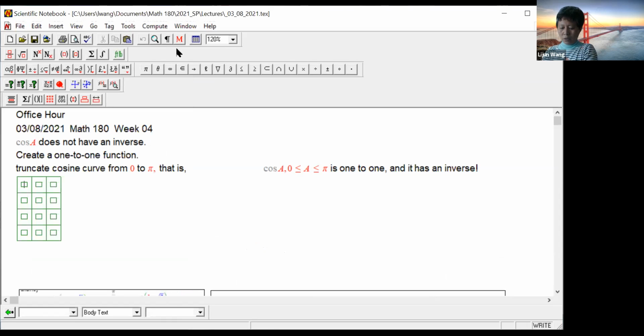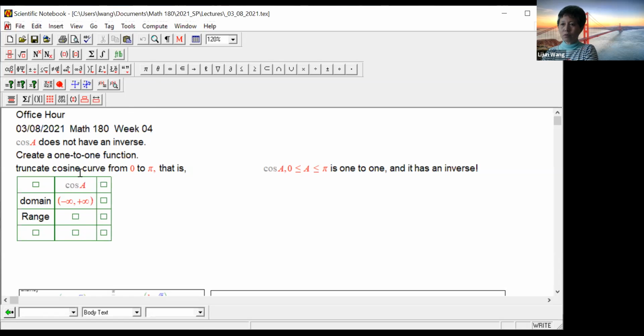Okay, the cosine function, its domain, its range. We know that for the cosine curve, the domain is from negative infinity to positive infinity.